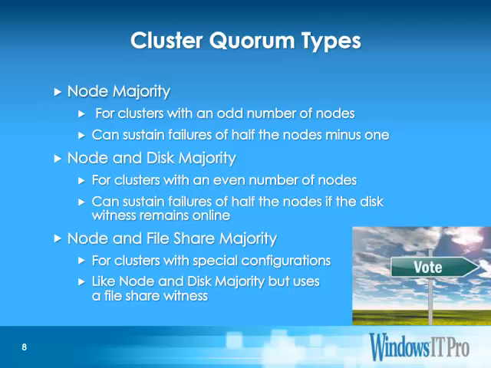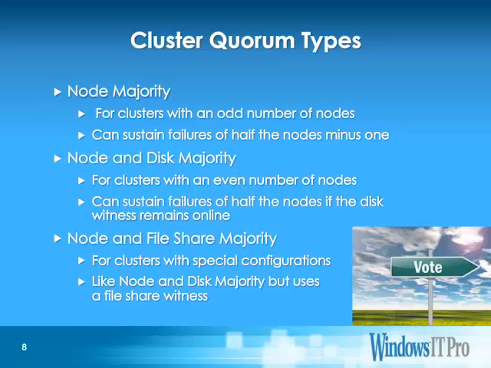The disk majority was basically added to that, and it is a technology that was intended for clusters with an even number of nodes. So if there's an even number of nodes, something called the disk witness will help decide if that cluster is still available or not. And in the case of a node and disk majority quorum, that disk majority is on shared storage that's accessed by both of the different cluster nodes.